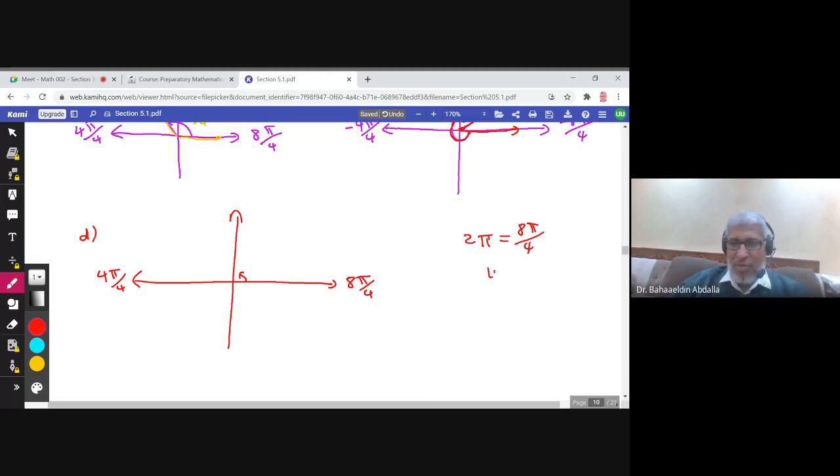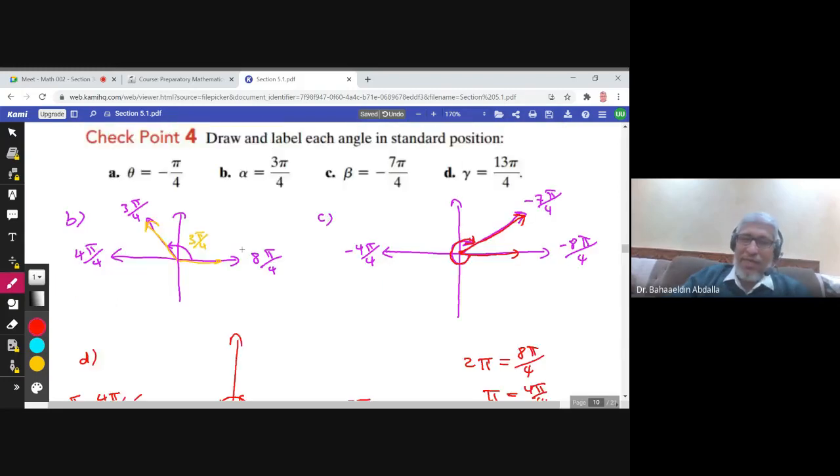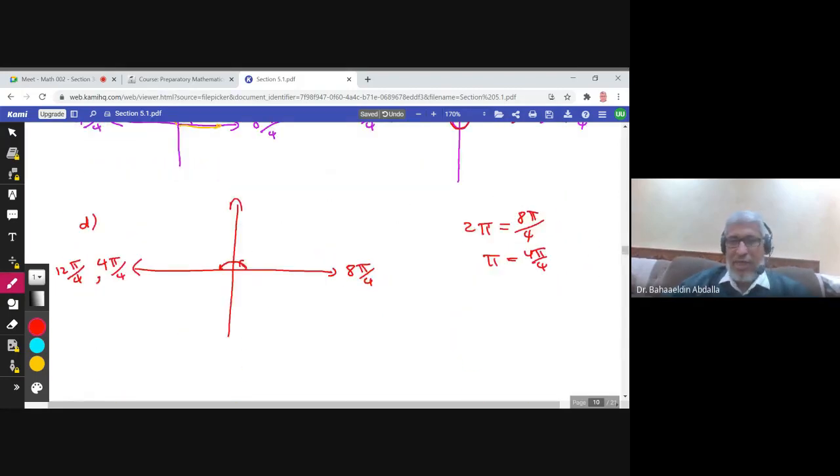Pi is 4 pi over 4, because from here to here, it's 1 pi. So if you add another 4 pi over 4, 8 pi over 4 plus 4 pi over 4 would be 12 pi over 4. So here 8 and here 12. Well, I need 13. 13 is greater than 12 by 1.